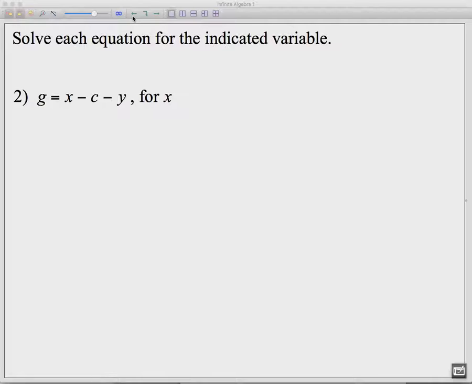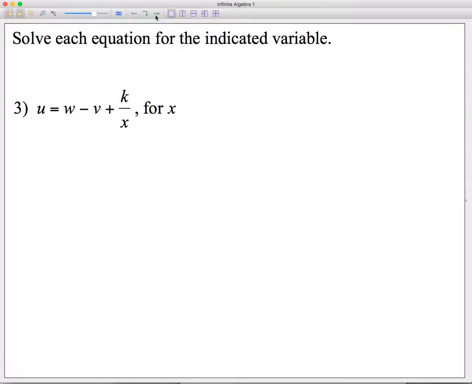And then lastly, at least for this video, we're going to look at number 3. And the main difference here is that the variable that we're trying to solve for is in the denominator. So that's what makes this one a little tricky. First, I'm going to get rid of both the w and the v.